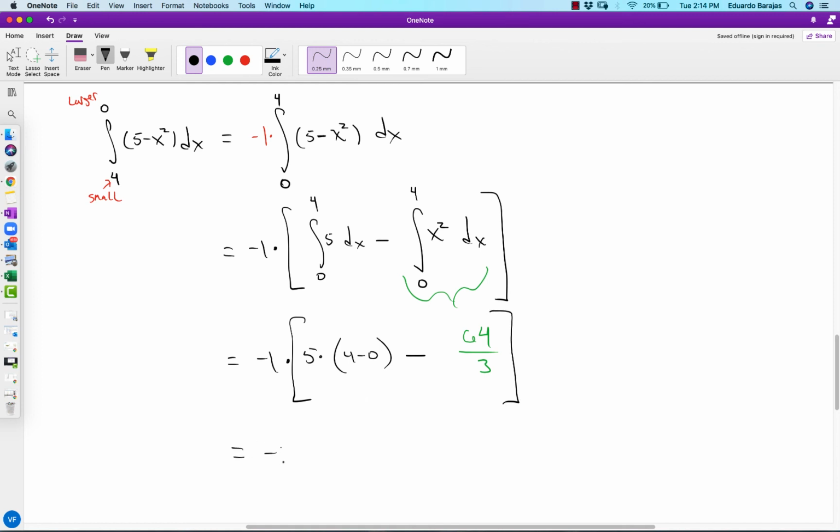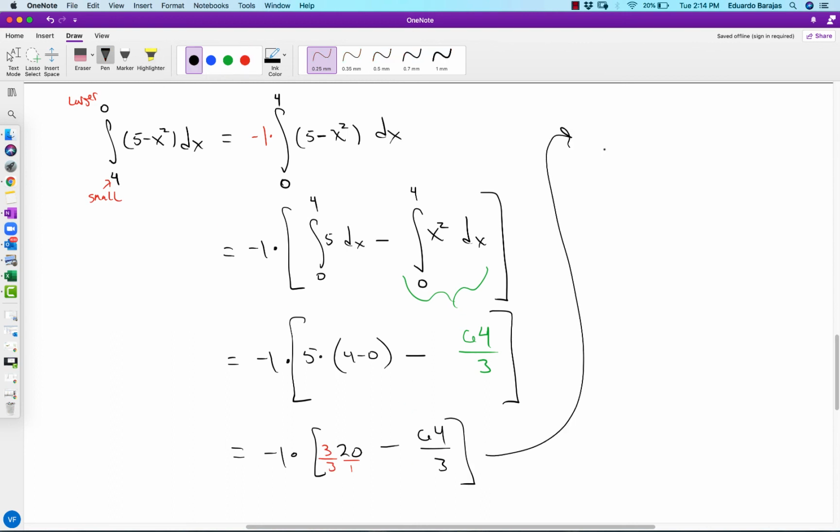So this gives me -1 times, and this is going to be 4 times 5, which makes it 20, minus 64 thirds. The common denominator is 3, so let's put a 1 there and a 3 over 3.